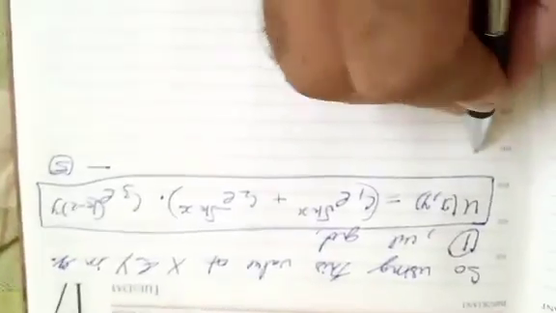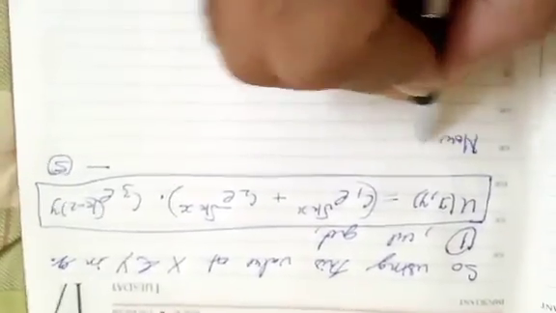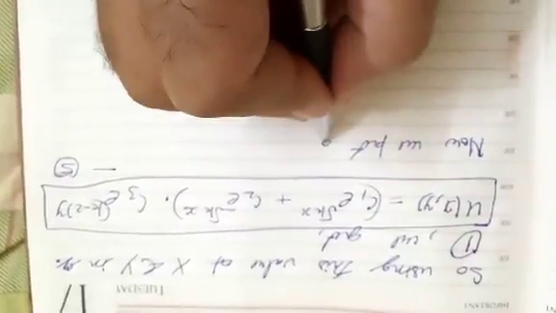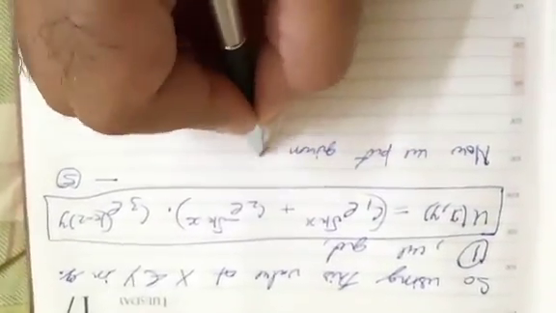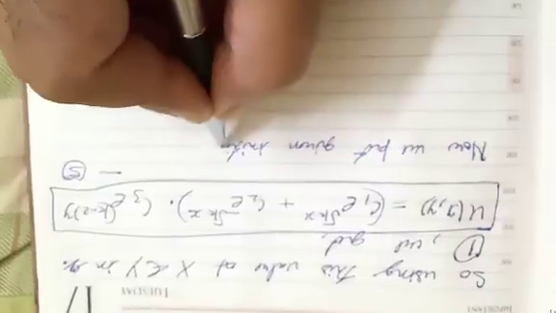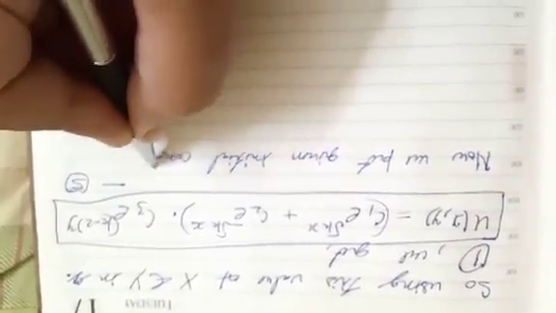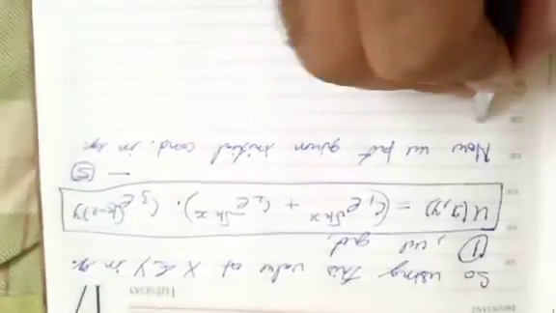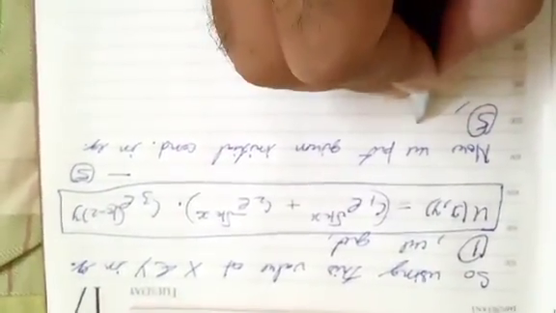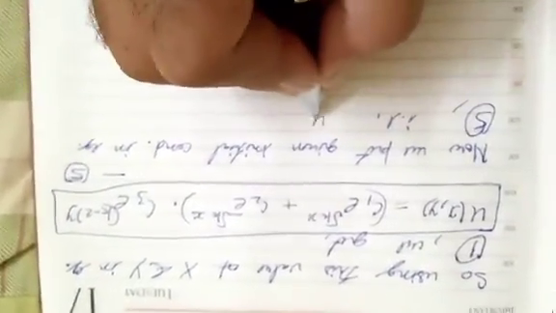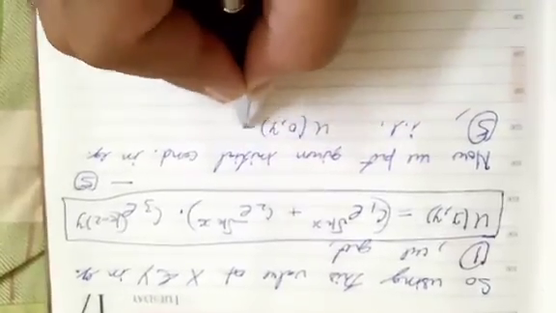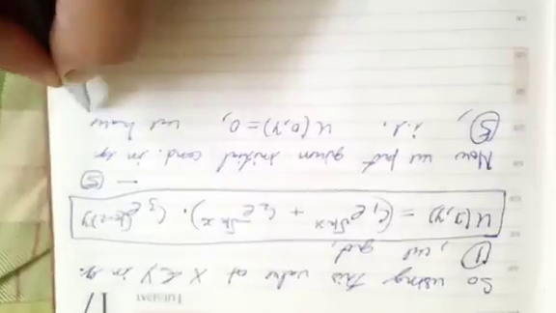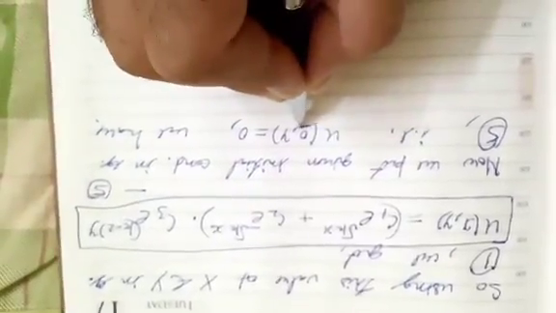Now we put given initial condition in equation 5, that is u of 0 comma y is equal to 0. We have here the value of x is 0.